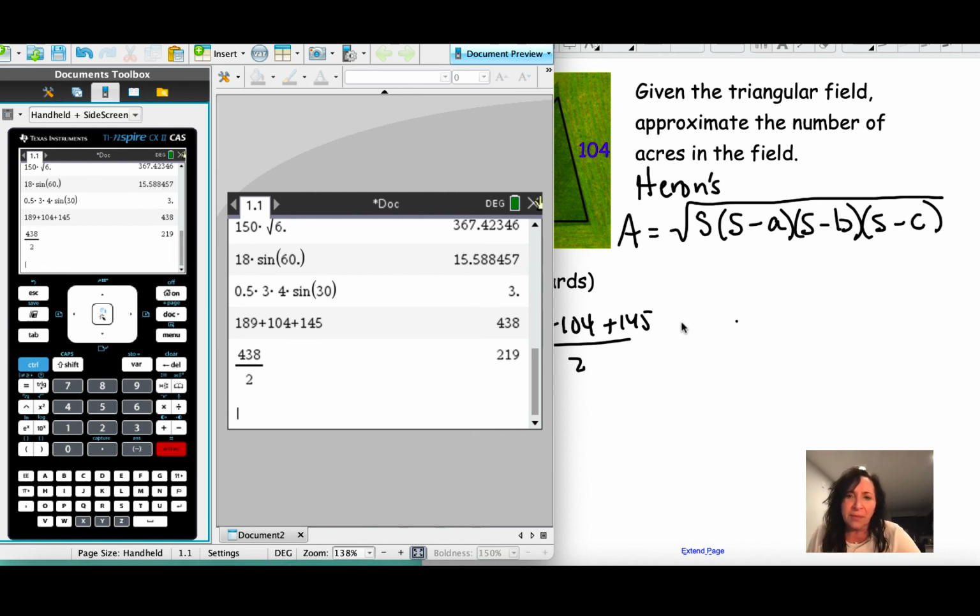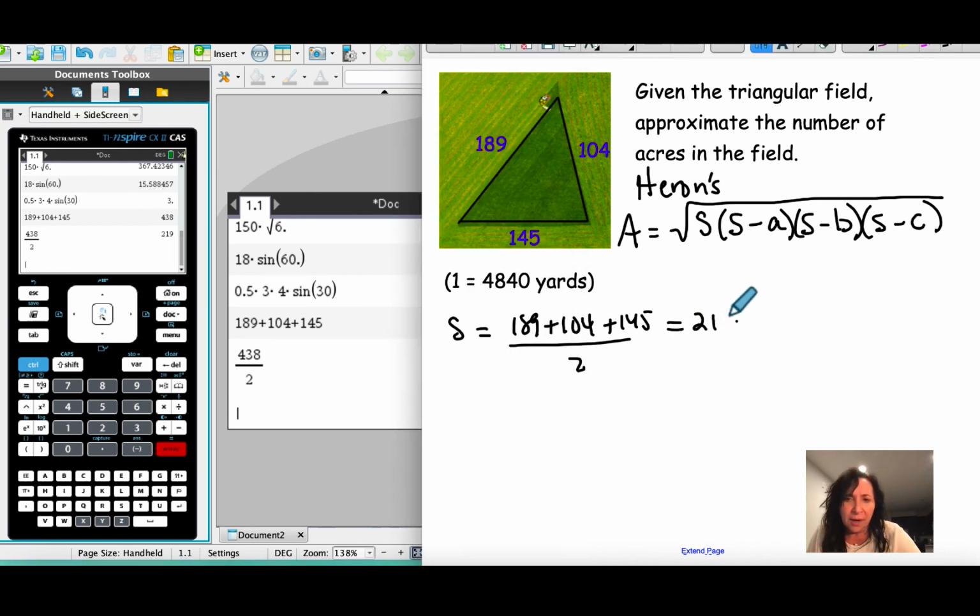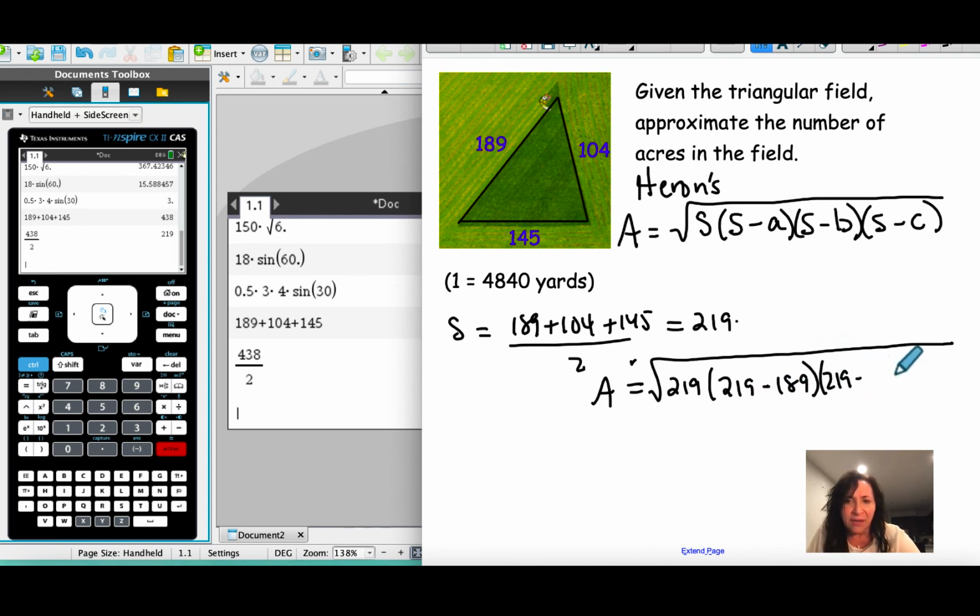So my semi-perimeter is 219, okay? Which means that my area is going to equal the square root of 219 times (219 minus the first side, which is 189) times (219 minus the second side, which is 104) times (219 minus the third side, which is 145).